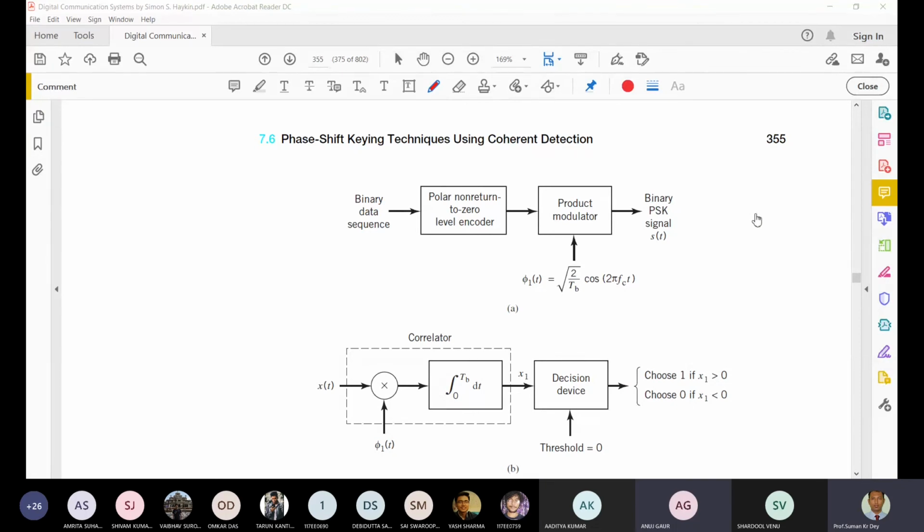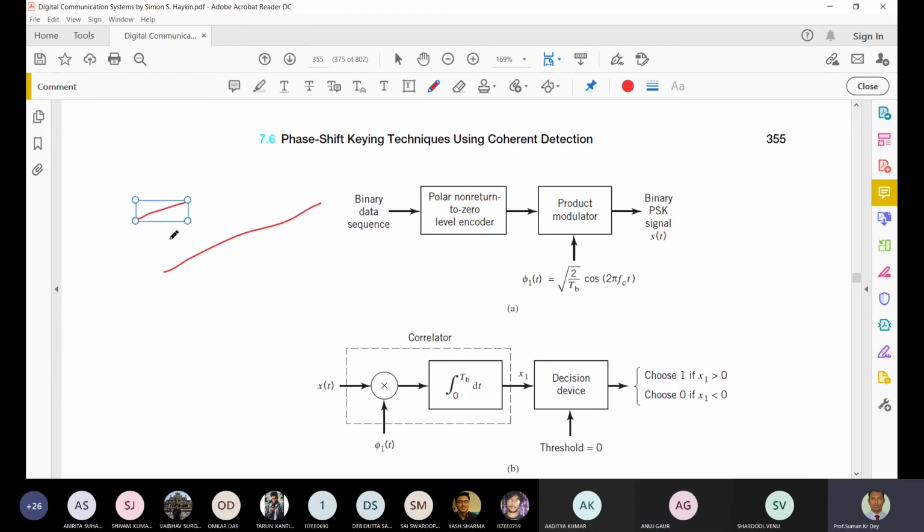Yes. For polar NRZ, the ones are represented by positive amplitude and zeros are represented by negative amplitude. Good. As Onuj told, for representing one, we take the positive value.